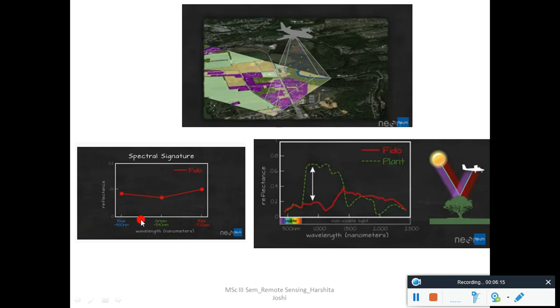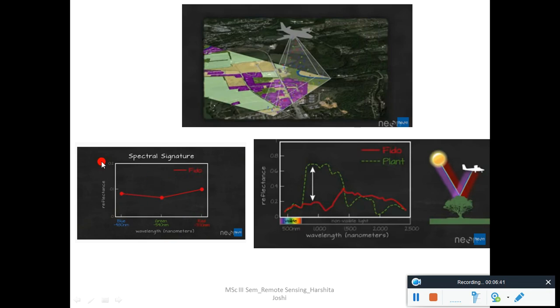Here we are seeing a diagram. This spectral signature which we get from the surface with which the electromagnetic energy interacts is got after it is reflected. So if we see the reflectance on the y-axis and the wavelength on the x-axis, here it is representing the value of photo.